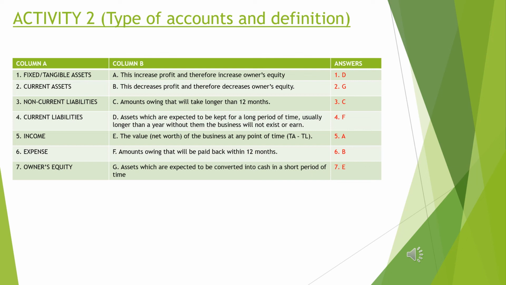Assets which are expected to be converted. So let us continue reading this definition so that we can understand the context of this term converted. What exactly do they mean by this particular conversion? So these assets are expected to be converted into cash. If they are expected to be converted into cash, one can think of a perfect example of inventory being an item and being sold, being converted into cash in a short period of time.